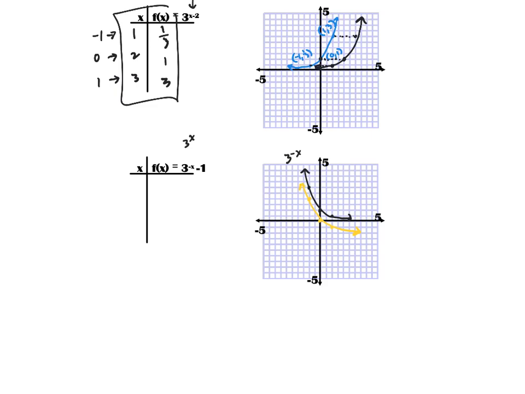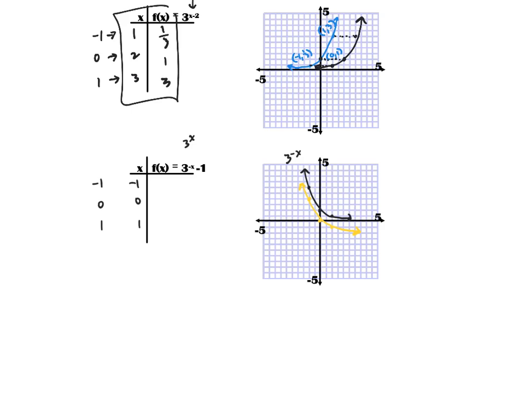Okay, so when I think about those points, I took -1 and 0 and 1, and I flip-flopped them, right? So I still have those x values that are being inputted, so there's no change there. The only thing that's going to change is the outputs here. And so 3 to the -x will flip the outputs, and then we're going to shift them down.